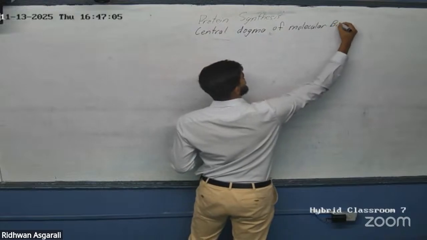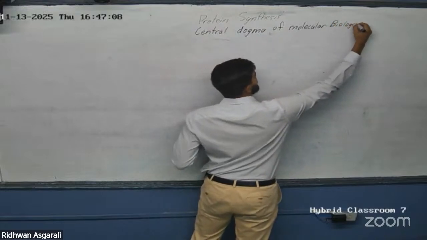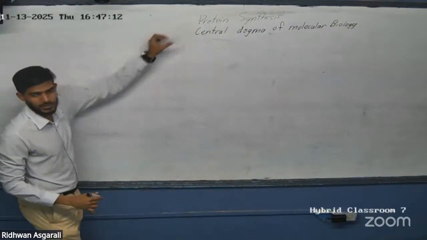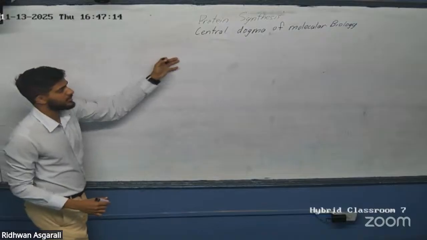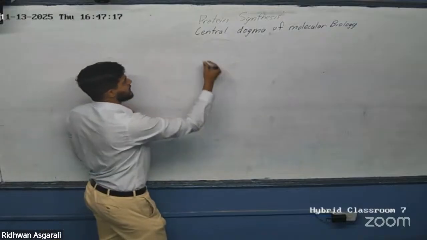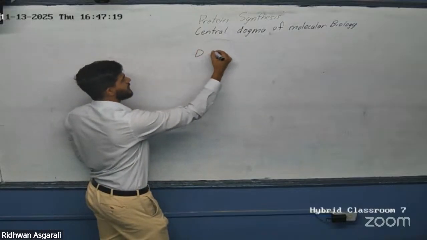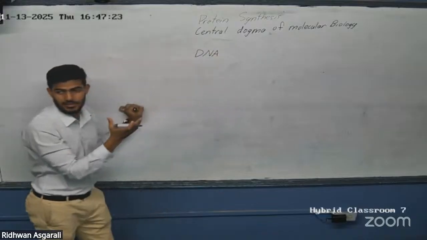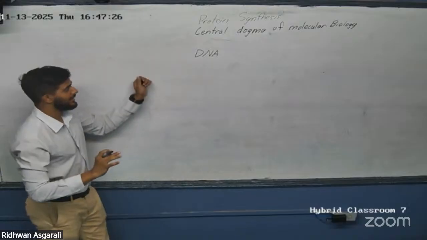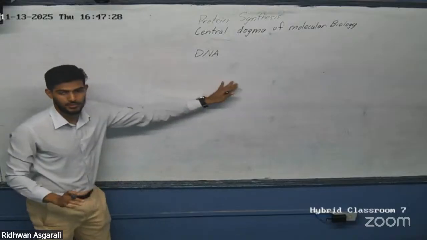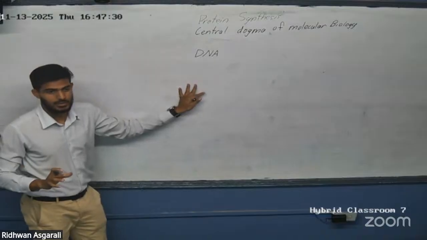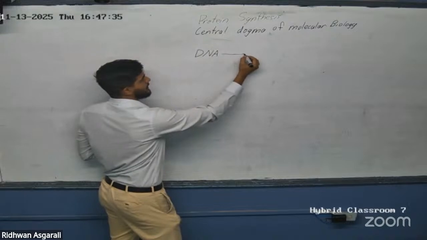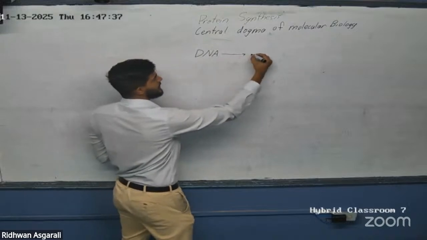So you have something called the central dogma of molecular biology. It starts off with the DNA. Everybody is born with DNA. Your DNA is supposed to be constant throughout as long as you're alive, with no changes. Your DNA is then converted into RNA.